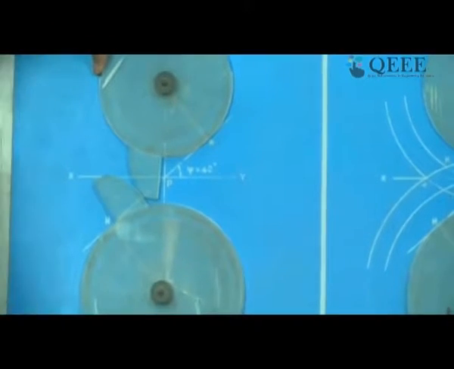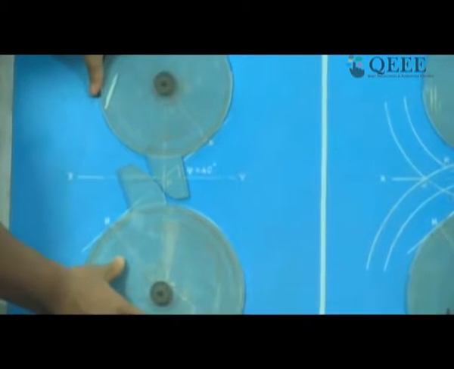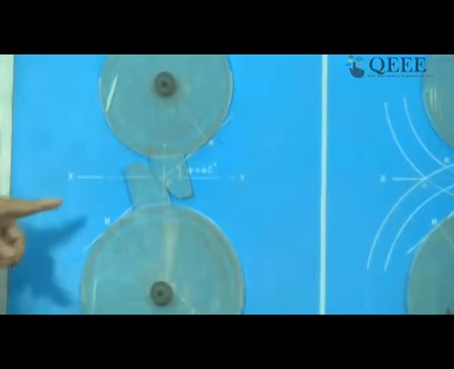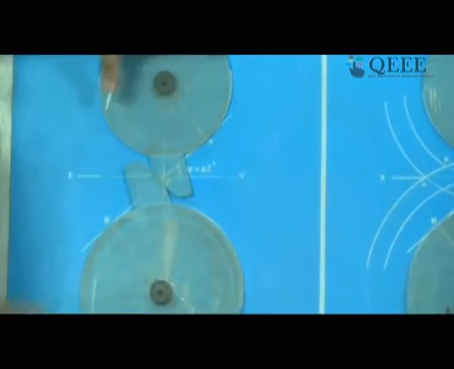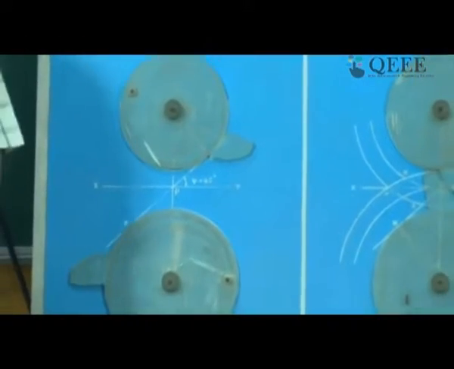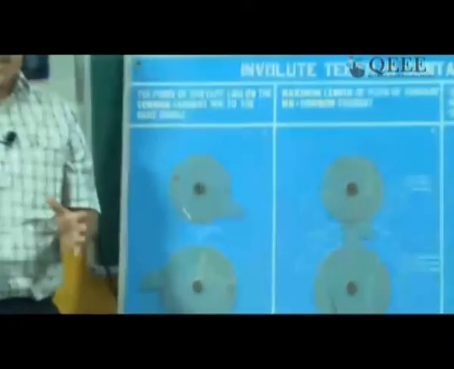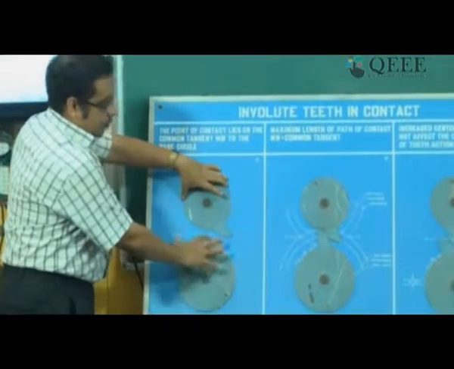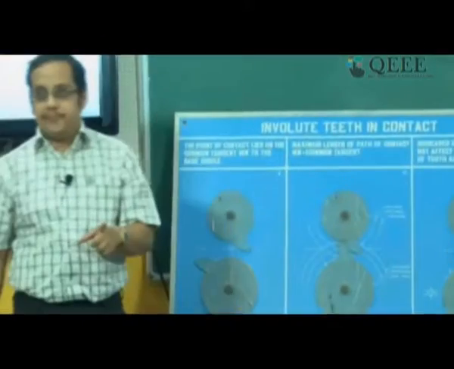So, in other words, the common normal, which obviously has to pass through the point of contact, is precisely this oblique white line. What we have shown through this demonstration is that the common normal during the process of engagement, which is this white line, is not changing.